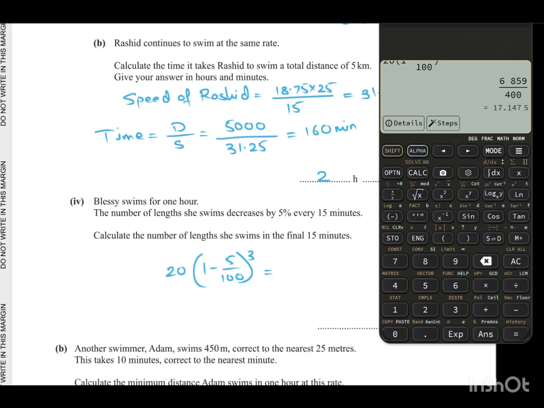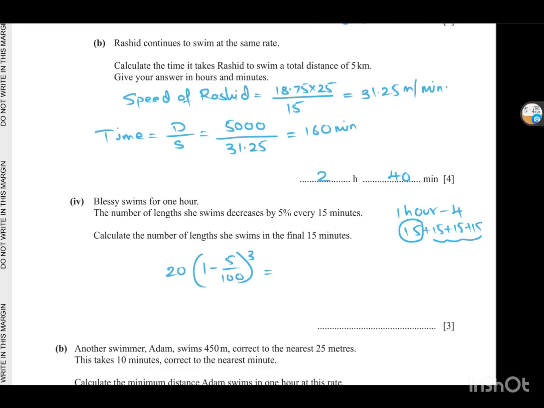It will be 17.1475. So the number of lengths she swims in the final 15 minutes is 17.15. Question number 4 part A is done.